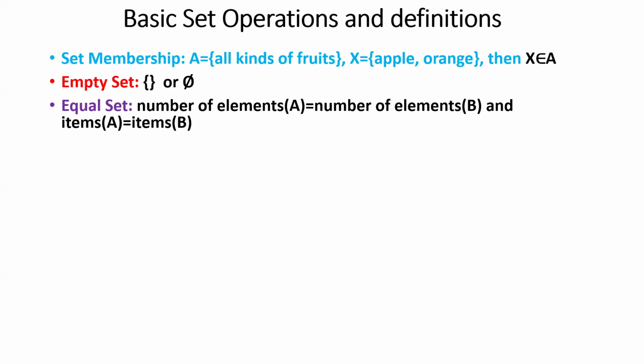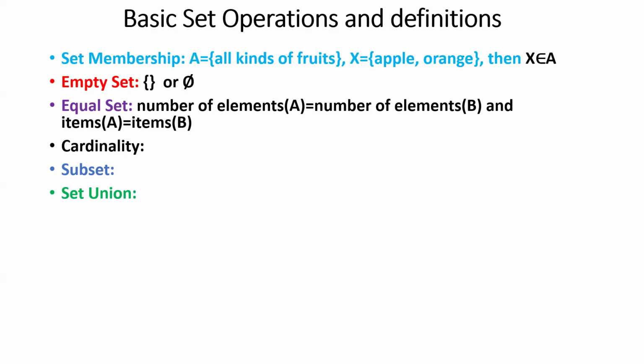That is, number of elements A is equal to number of elements B, and items A is equal to items B. Cardinality is the number of elements in a set. If every element of set A is contained in set B, then A is a subset of B.